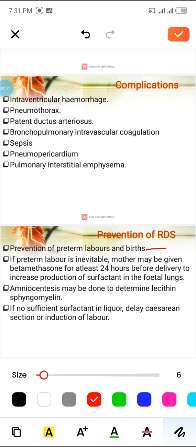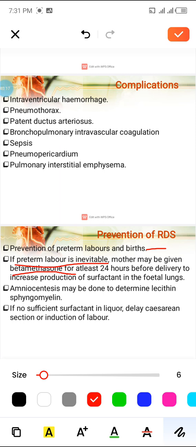Then if preterm labor is inevitable, meaning that if you're suspecting preterm labor, always give betamethasone. Mostly they give betamethasone for at least 24 hours before delivery, and some give prednisolone. So it depends on your hospital. So that's what happens, so that you prevent.